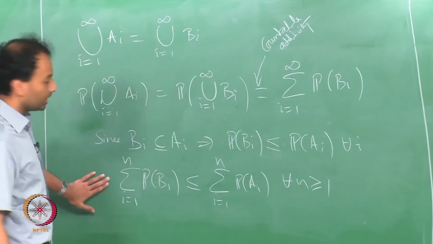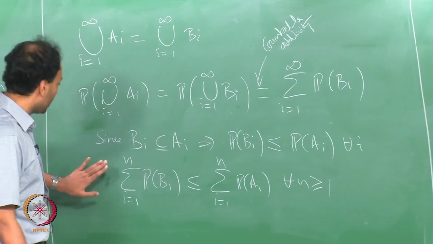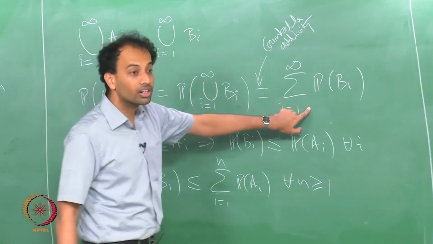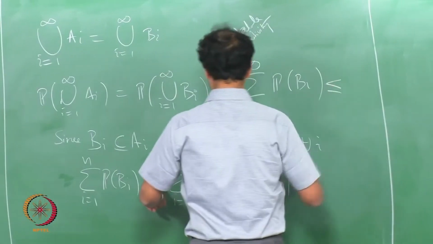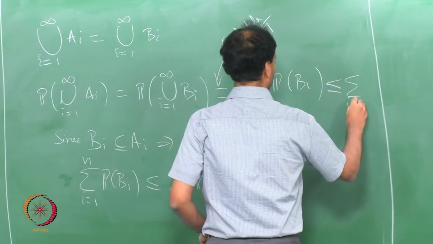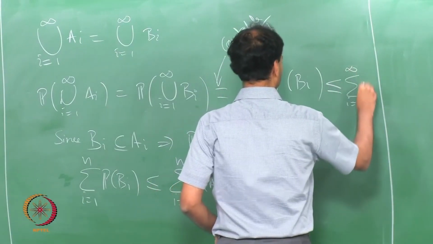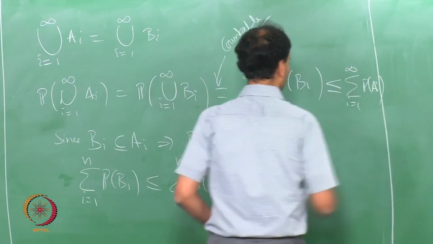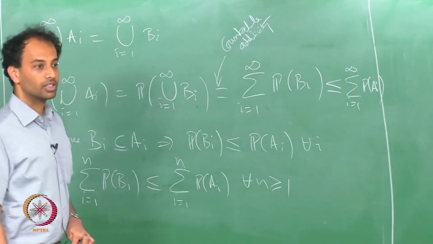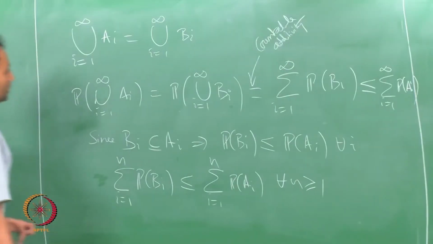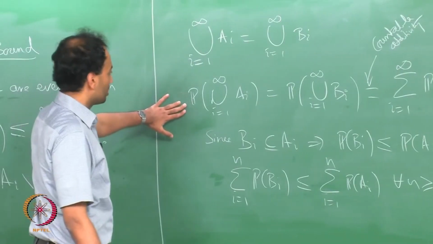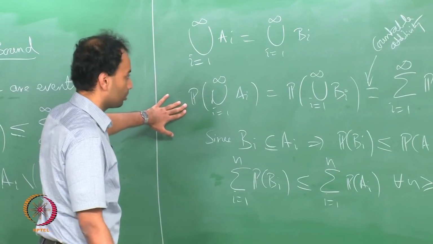Therefore, as we send the limit n tending to infinity, we get that this summation is less than or equal to the infinite summation of the probability of A_i. Okay, so that gives us the proof of the union bound.